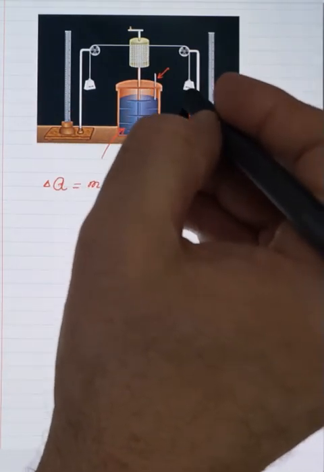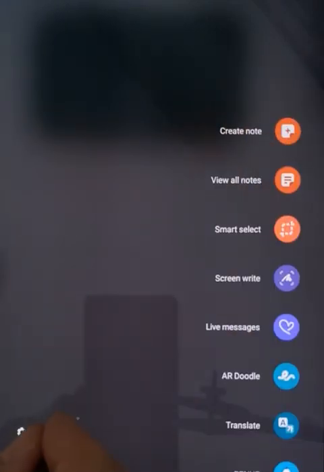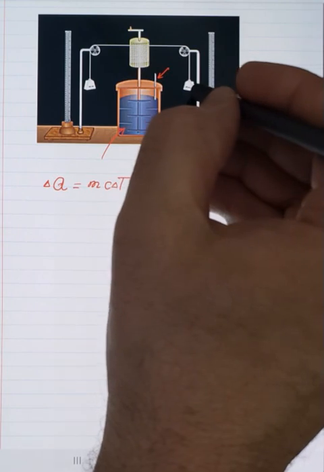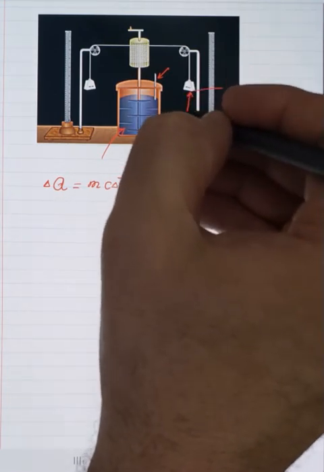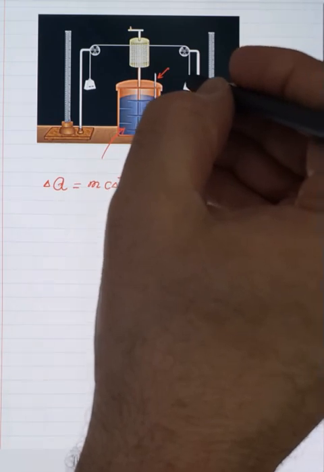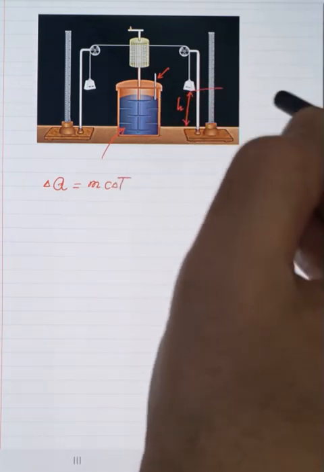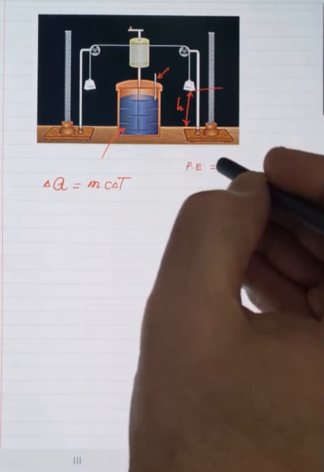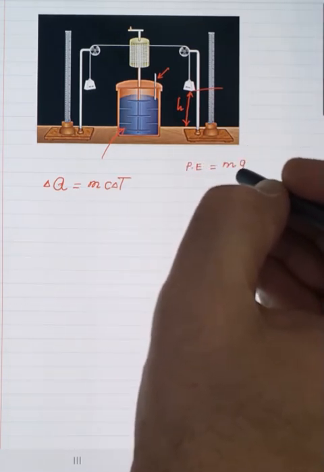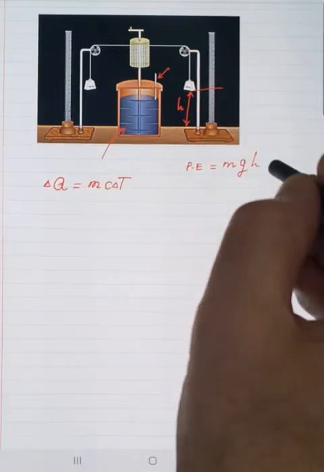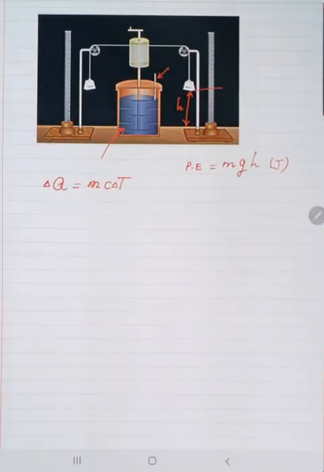Here, if this height is H, what's the potential energy the mass has? Potential energy is equal to M multiplied by G multiplied by H. And what's the unit here? It's joule.